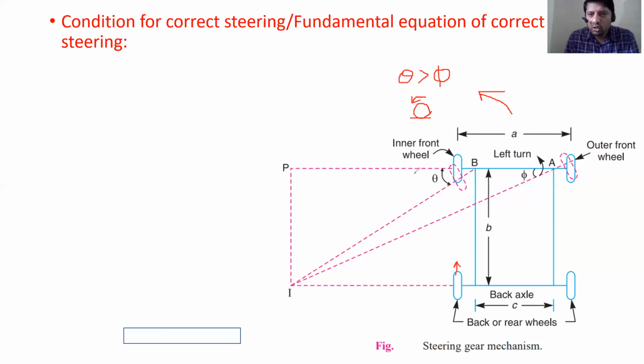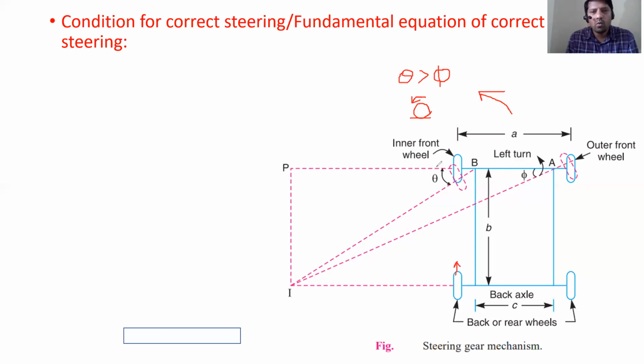The steering mechanism is so designed that the ICRs are made to fall at the same point. Obviously the inner front wheel will turn more as compared to the outer front wheel, in order to satisfy the condition that its line should pass through the ICR.